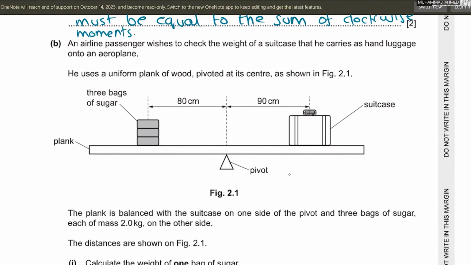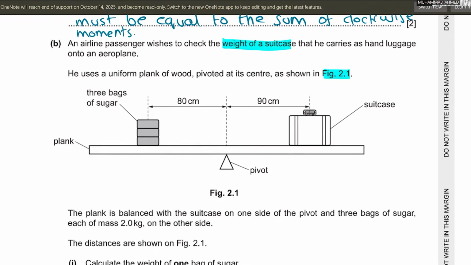An airline passenger wishes to check the weight of a suitcase that he carries as hand luggage on an aeroplane. He uses a uniform plank of wood pivoted at the center as shown in figure 2.1.